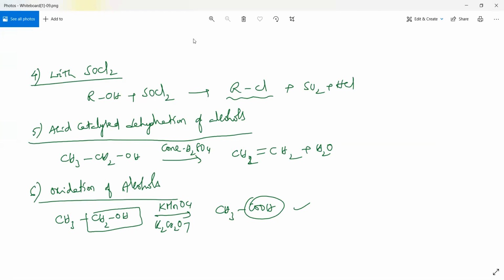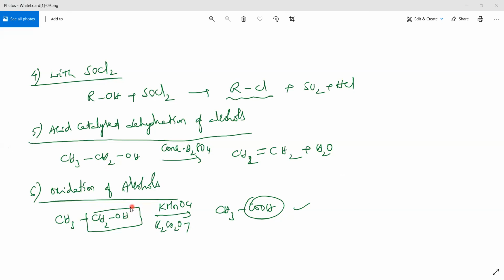You will get the corresponding alkyl chloride. Then acid catalyzed dehydration of alcohols, elimination of water. OH minus and from this hydrogen. What you will get? CH2 double bond CH2.